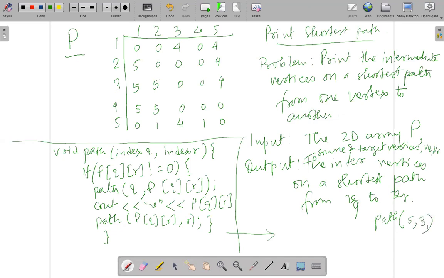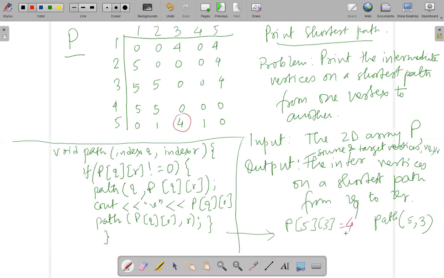That is, I want to print the vertices on the shortest path connecting 5 and 3. So I would first find P53. According to my P matrix, P53 is 4.